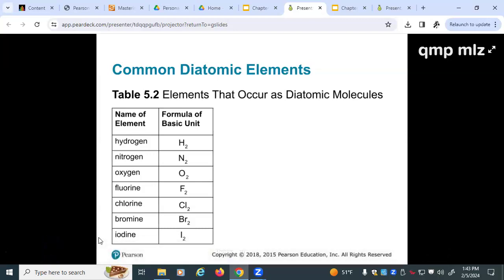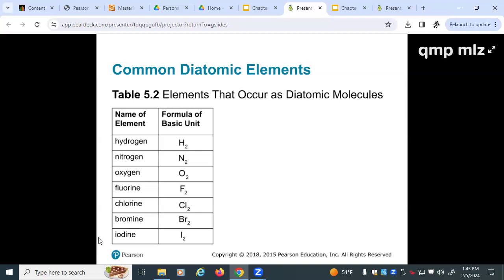This is our list of elements that exist as diatomic. Not surprising at all, the halogens exhibit this kind of behavior. Every single one of the halogens exhibits diatomic behavior. Also on this list are the most reactive of the nonmetals.